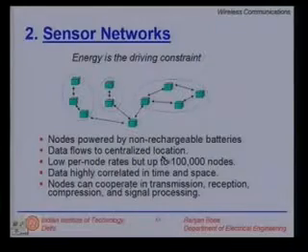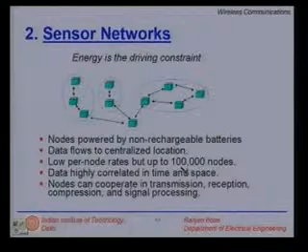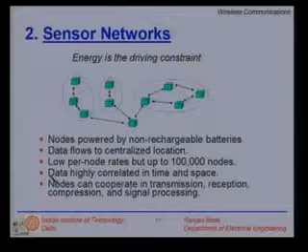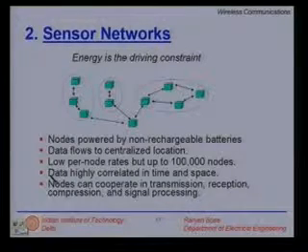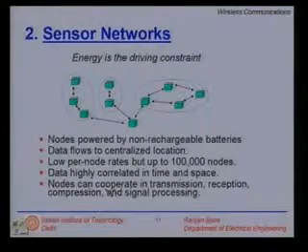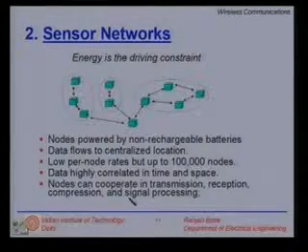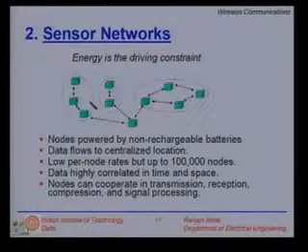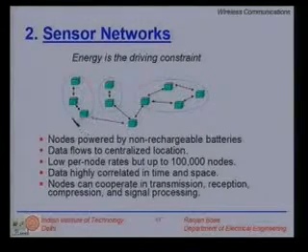The data flows to a centralized location where it is processed. Low per node rates but up to a million nodes. Here I have written about 10,000, but you can go up to a million nodes. Data highly correlated in time and space. Nodes can cooperate in transmission, reception, compression, and signal processing. So each node can be equipped with basic intelligence. It could be a microprocessor which can process the information and then pass it on.